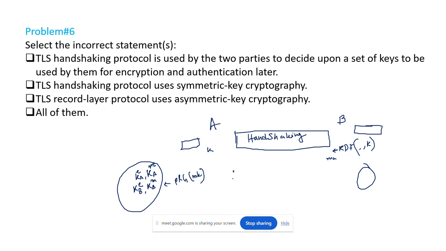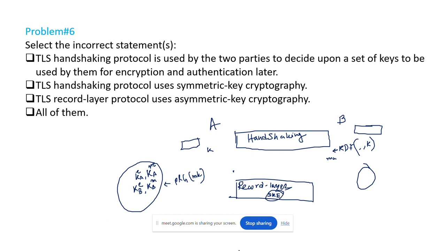Once both sides are convinced about each other's authenticity, then the symmetric key phase starts, which we call the record layer phase, and there symmetric key cryptography comes into place, which is quite lightweight.